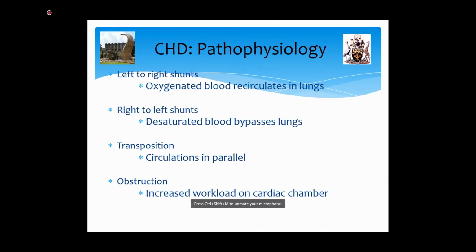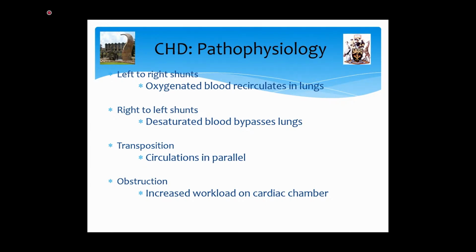So the pathophysiology when you have left to right shunts is that you have oxygenated blood that recirculates in the lung, and some goes to the rest of the body. So you have more blood flow in the lungs than the rest of the body. When you have right to left shunts, you have desaturated blood that bypasses the lungs, or it goes to the body without necessarily going to the lungs, or there's mixing.